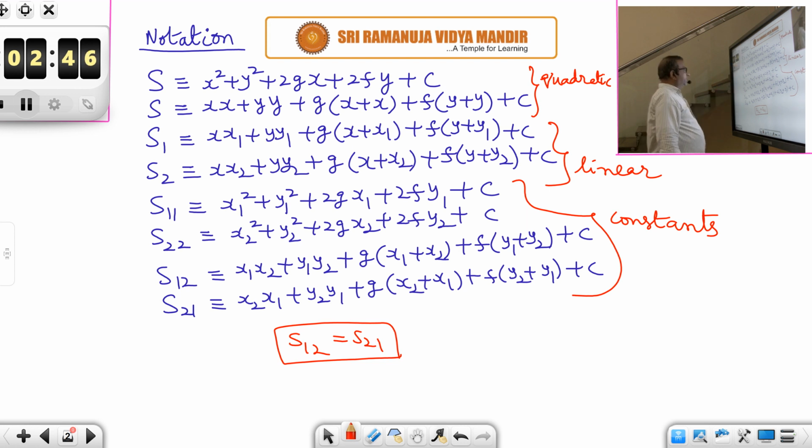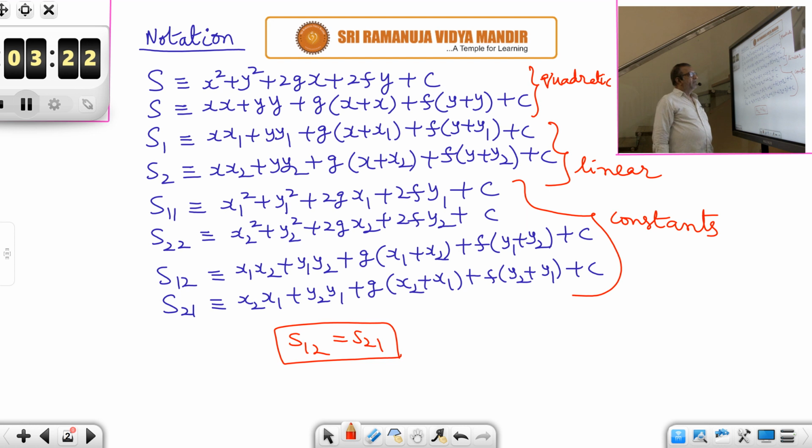S1 is substituting the point x1, y1 partially in S, that is xx1 plus yy1 etc. Similarly, S11 is completely substituting the point, S22 is completely substituting the point x2, y2, S12 is substituting both the points x1, y1 and x2, y2, 50% this point, 50% that point. Similarly S21, and we can see that S12 and S21 are equal.